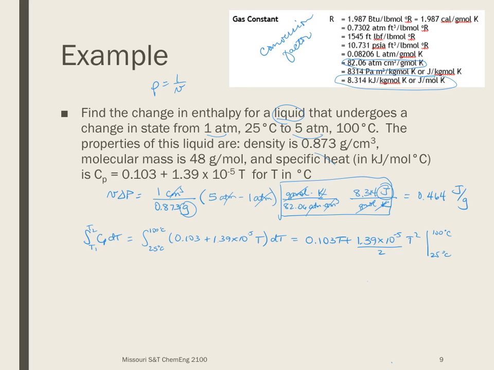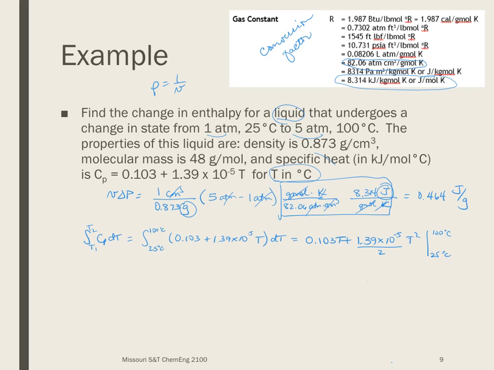Now, since they specified temperatures in degrees C, I'm integrating with respect to temperature in degrees C. You want to always look at this. Sometimes the sources will have temperatures in kelvins, and in that case I must change the temperature units to Kelvin.